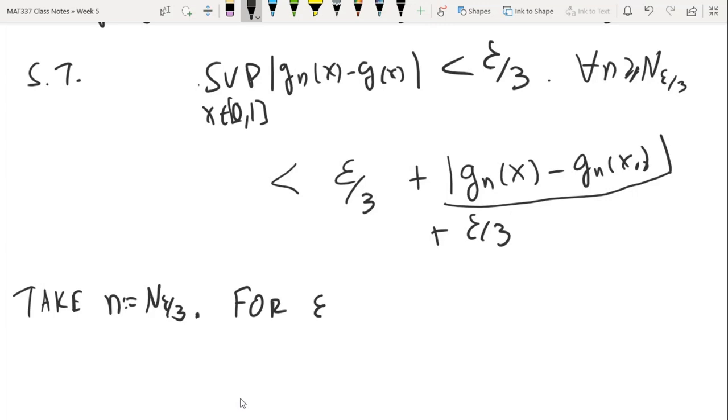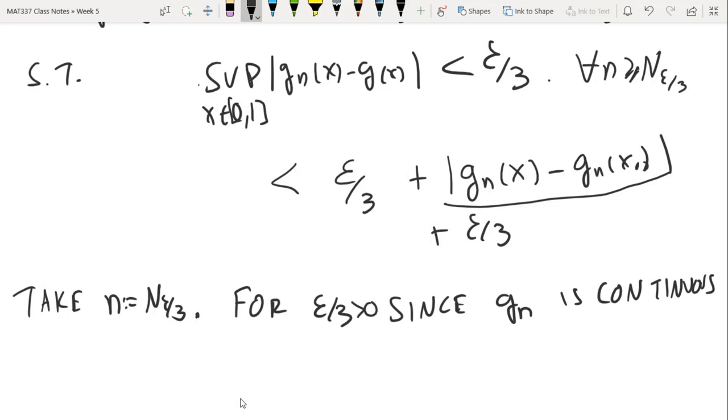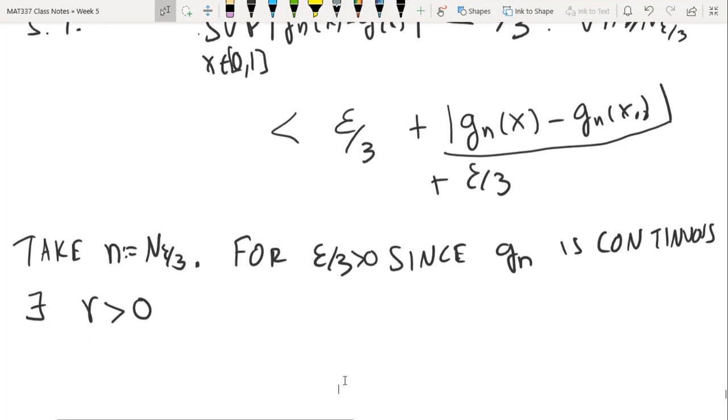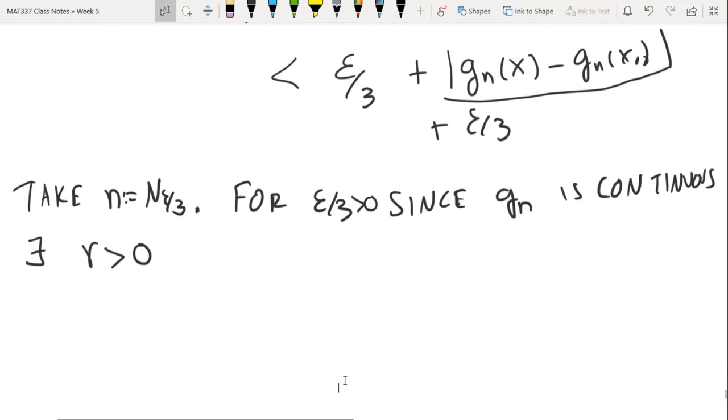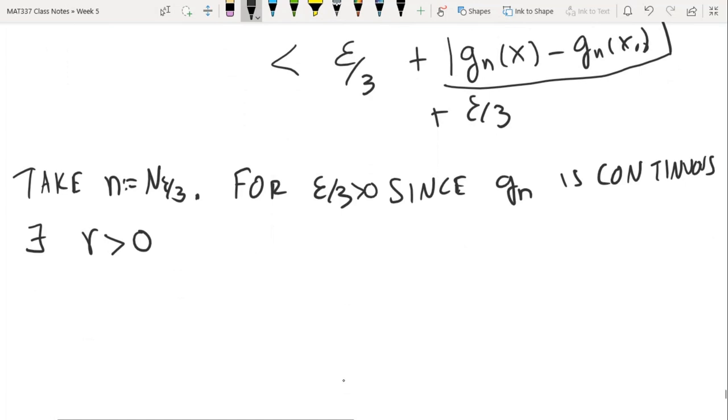Okay, and then what do we want to say? For epsilon over 3, since g_n is continuous, there exists R for this function.